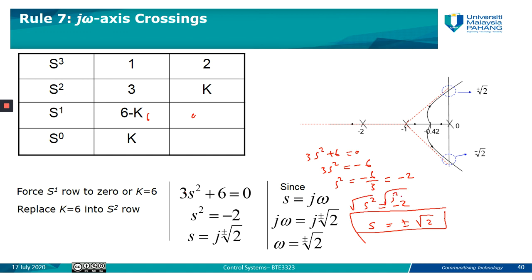So it will give you plus minus j root 2. That means the intersection here is plus j root 2 and the intersection here is minus j root 2. So these are the two intersection points for rule number 7.